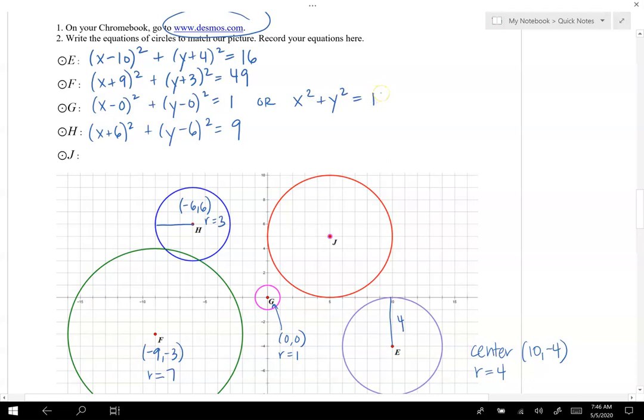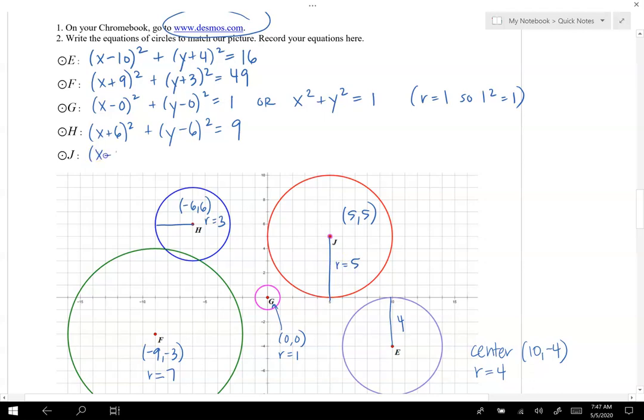That's probably the simplest form. Remember, 1 squared is 1. Something to make note of. And then circle J, the center is 5, 5. And the radius is 5.